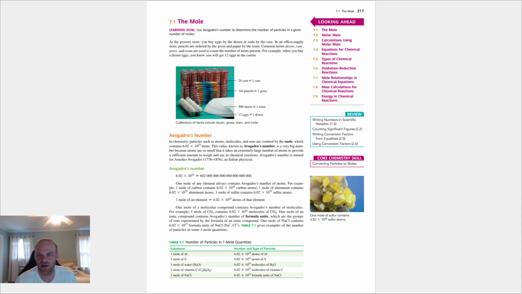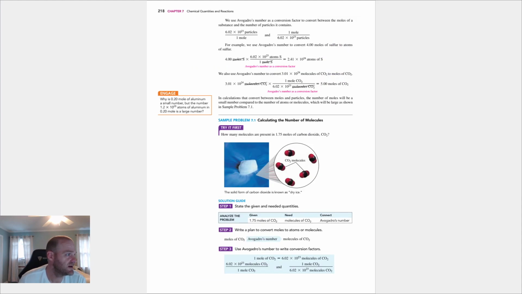Let's do a couple practice problems, just go over it. It works an example for you here. Let's do this one down here: 1.75 moles carbon dioxide, and it wants to know how many molecules of carbon dioxide I have. Let me pull up my iPad.